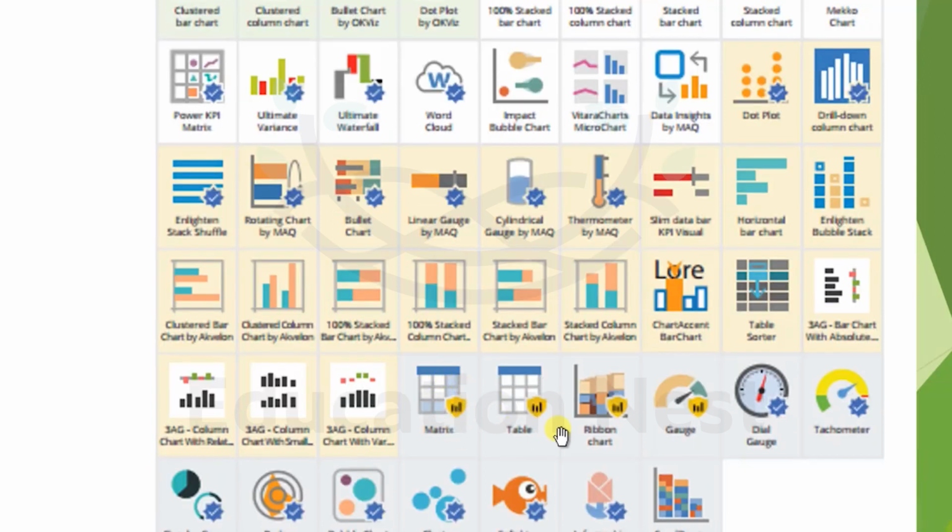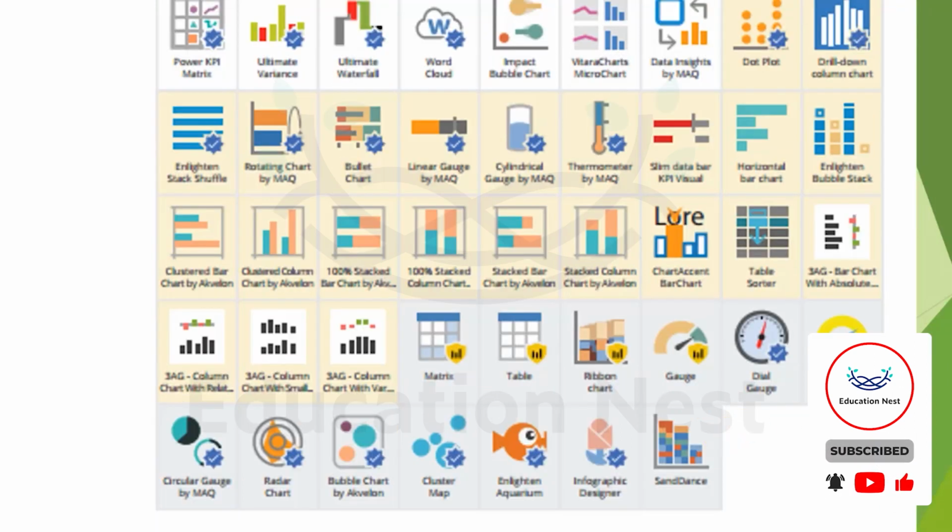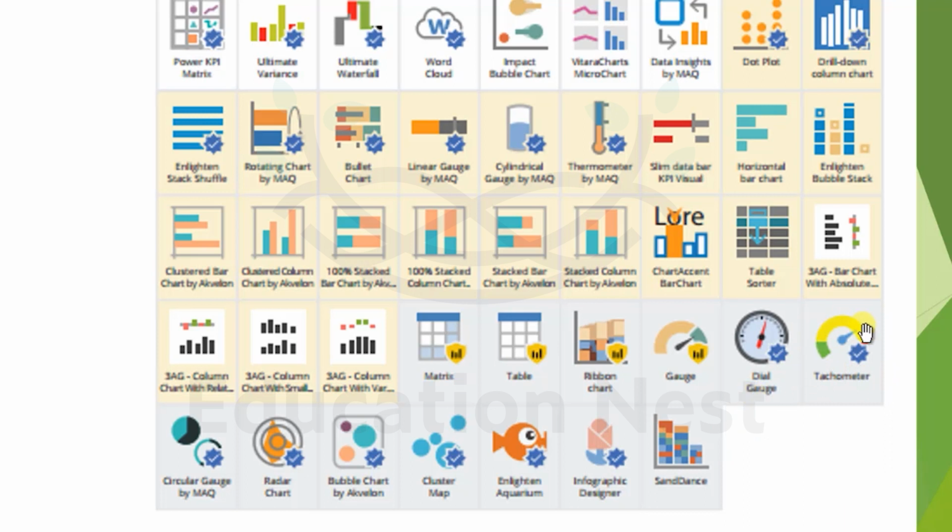This is the matrix, the table. These are made available by default in your system. Circular gauge, tachometer: how far the sales have reached, how far the units have sold, how many units are left, what the target is, and how much you've achieved.